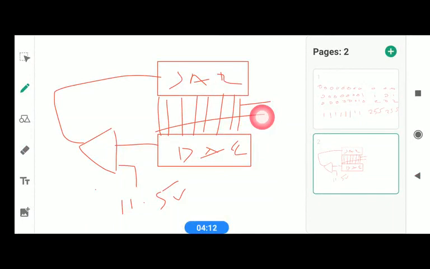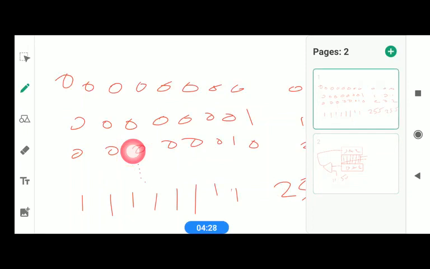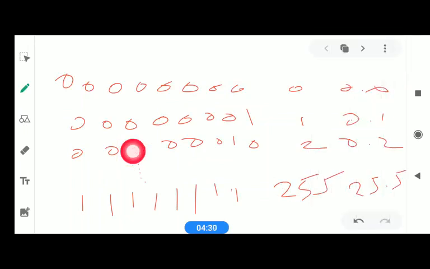Roughly I have drawn here a diagram which has a SAR, DAC, and a comparator op-amp. Before going to that, let's first assume these things. The output value we get in digital form is any value between eight zeros and eight ones.